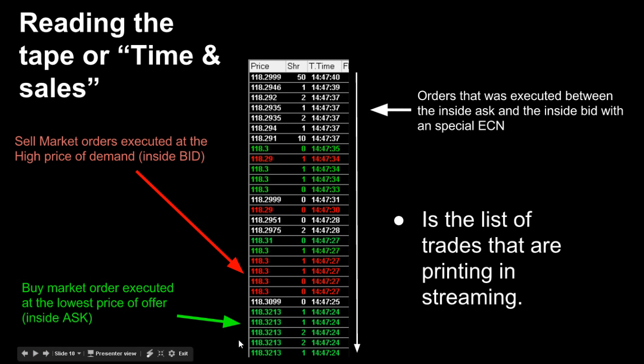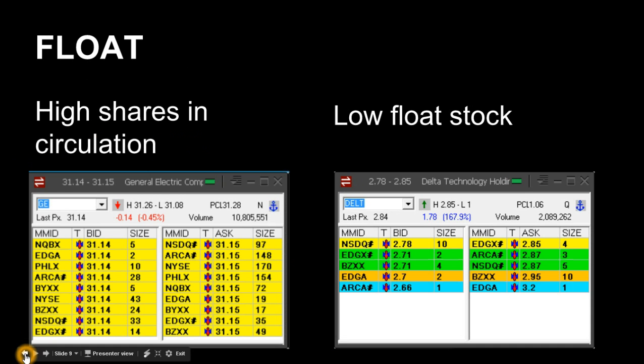The green prints are buy market orders executed at the lowest price of offer, the inside ask. So if you see prints in green on the time and sales, they are telling you that the inside ask is being absorbed.